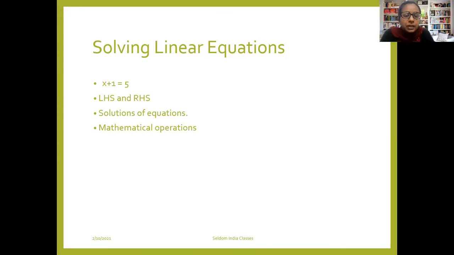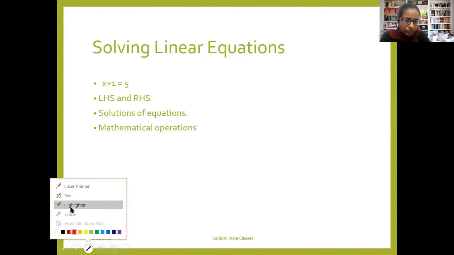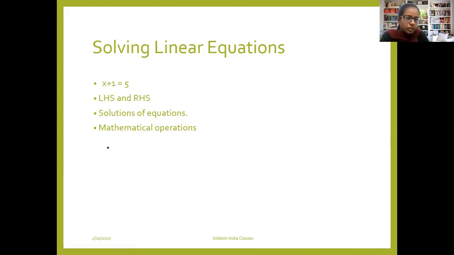Through some mathematical operations. For example, x plus 1 equals 5, we will subtract 1 from both sides. Now what we have is, 1 and 1 cancel, so x equals 5 minus 1 equals 4.